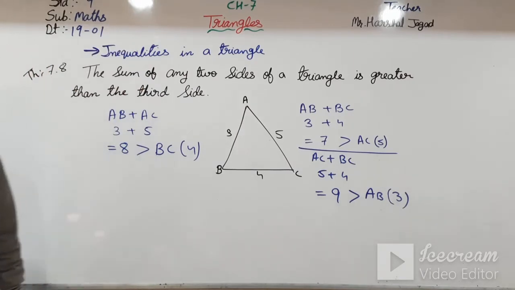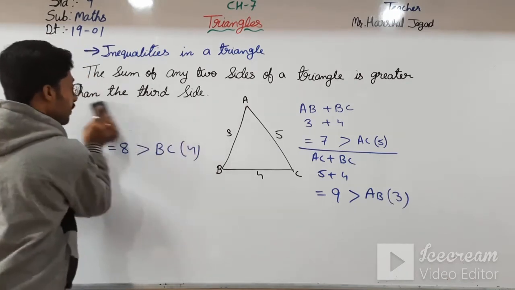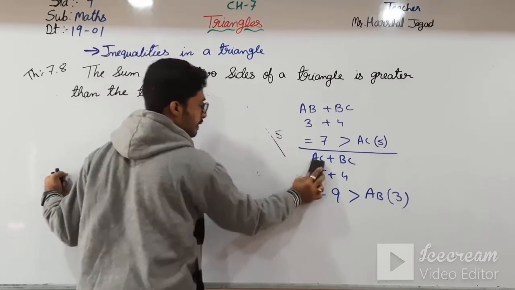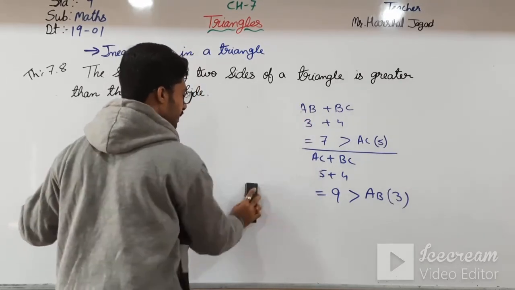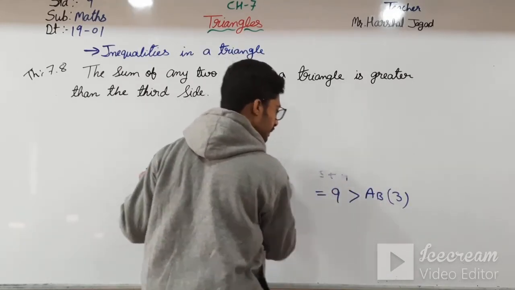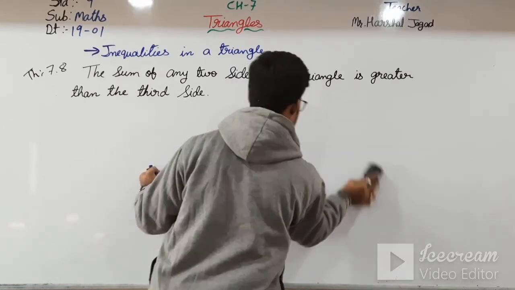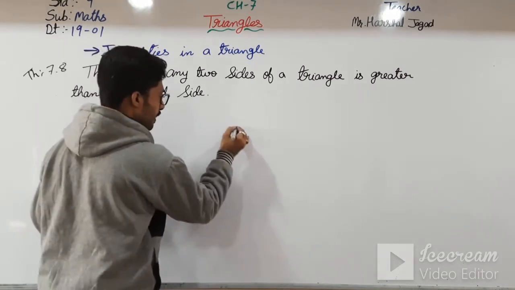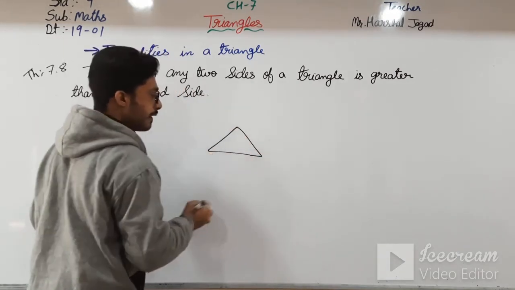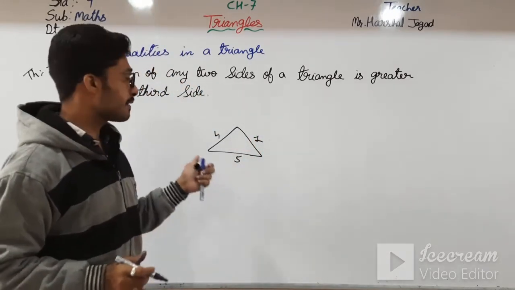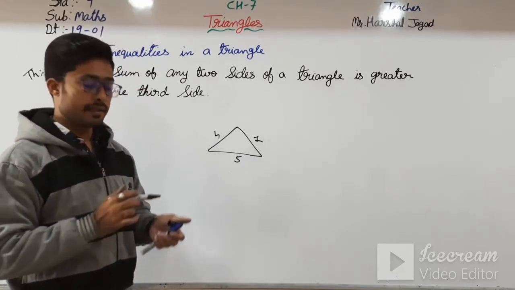Okay students, see here, a triangle which doesn't satisfy this condition. Here, if I say a triangle with lengths 1, 5 and 4, let us see whether this is a triangle or not.